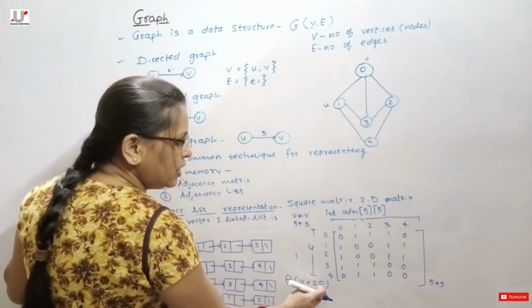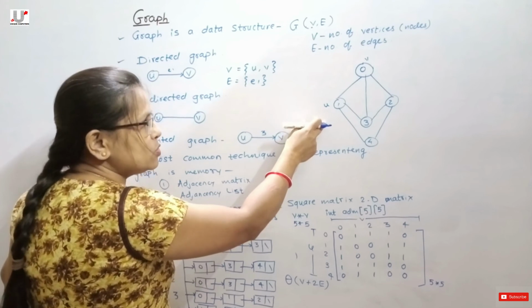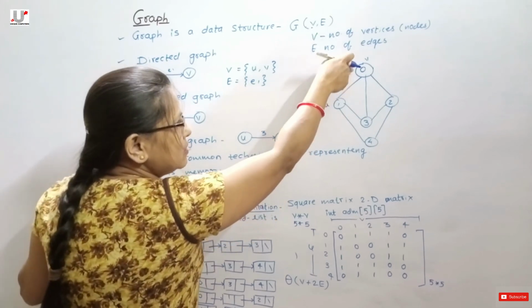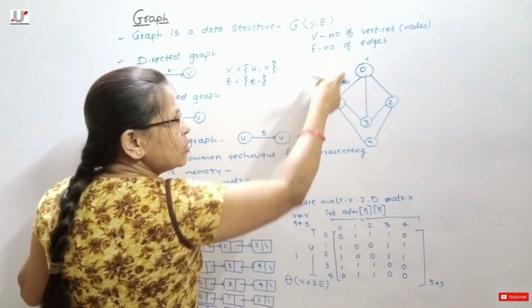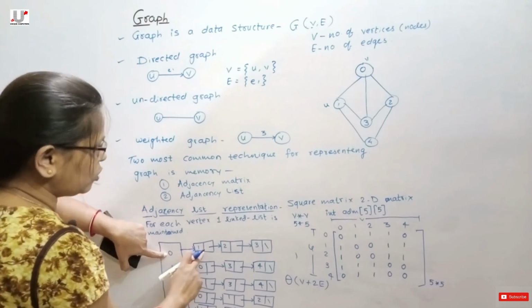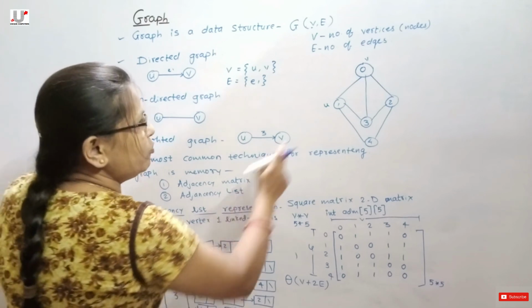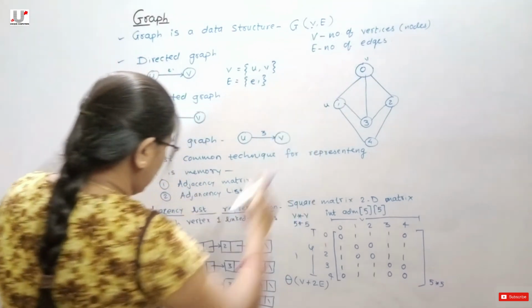Why this 2E? Because it's an undirected graph, so there is an edge from 0 to 1, and in the same way there is a link from 1 to 0 also.